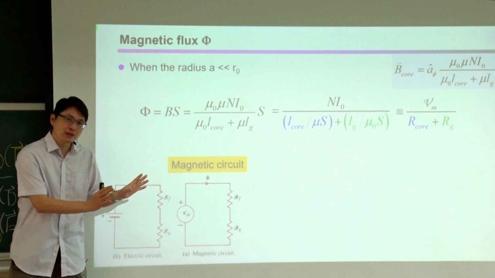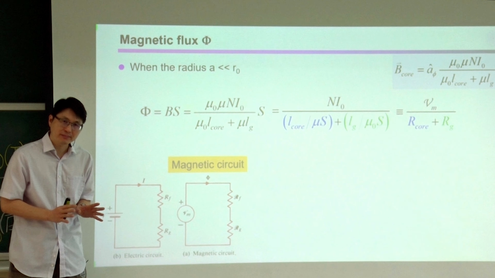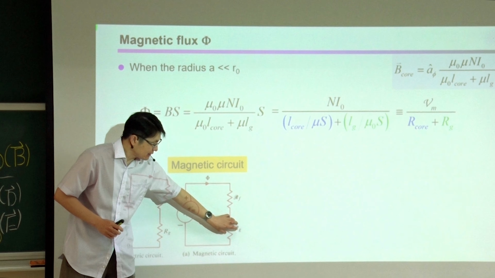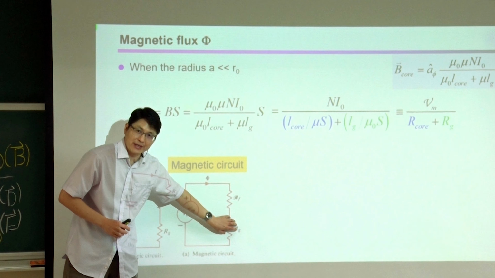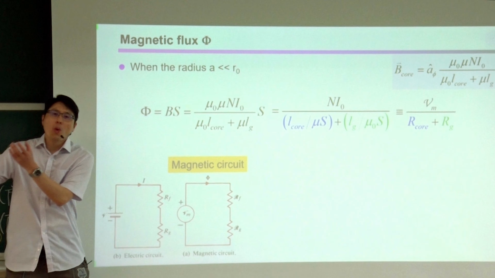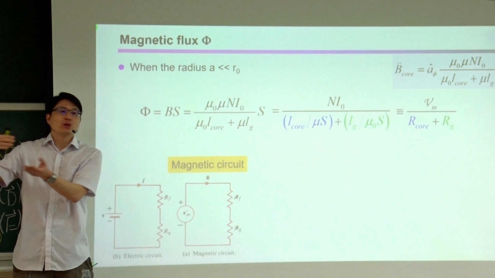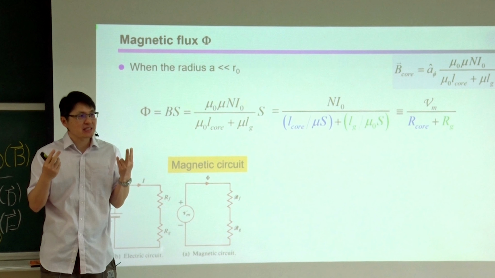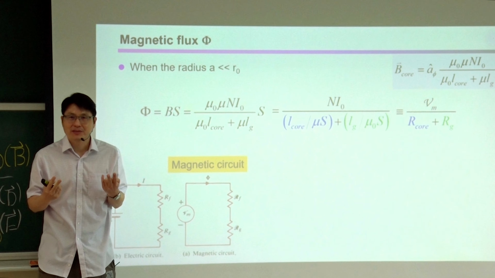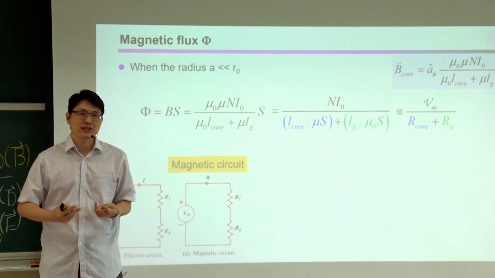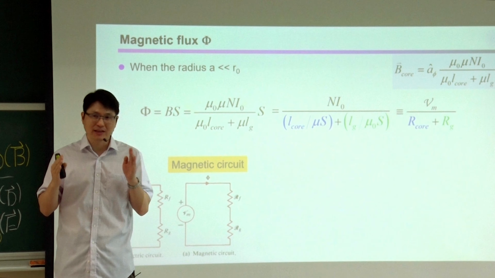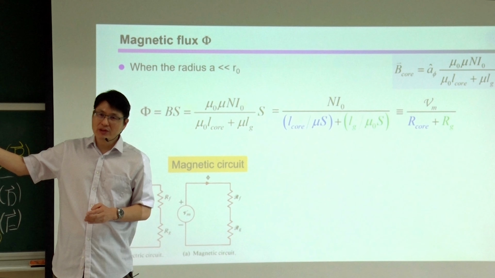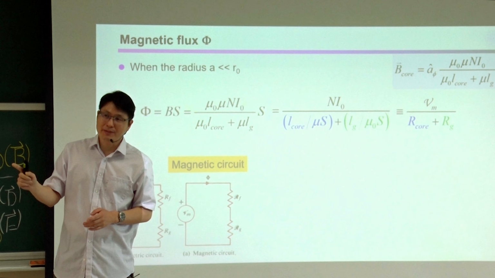Now we move into the magnetic circuitry. We have the magnetic core connected in series with an air gap. What is flowing across these two regions, and they share the same value? Our initial assumption is we don't have magnetic leakage, so all the magnetic field lines remain the same.